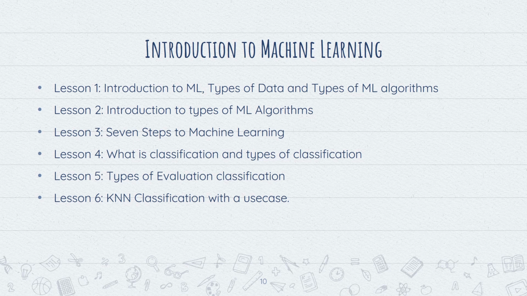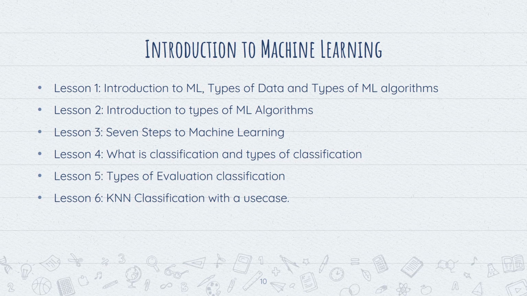And lesson 3, we learn about the 7 steps that we should follow when we are developing a machine learning algorithm or when we are training a model. And lesson 4 is about what is a classification, why it is a supervised model, and what are the types of classification or supervised model that is available in our scikit and other libraries.